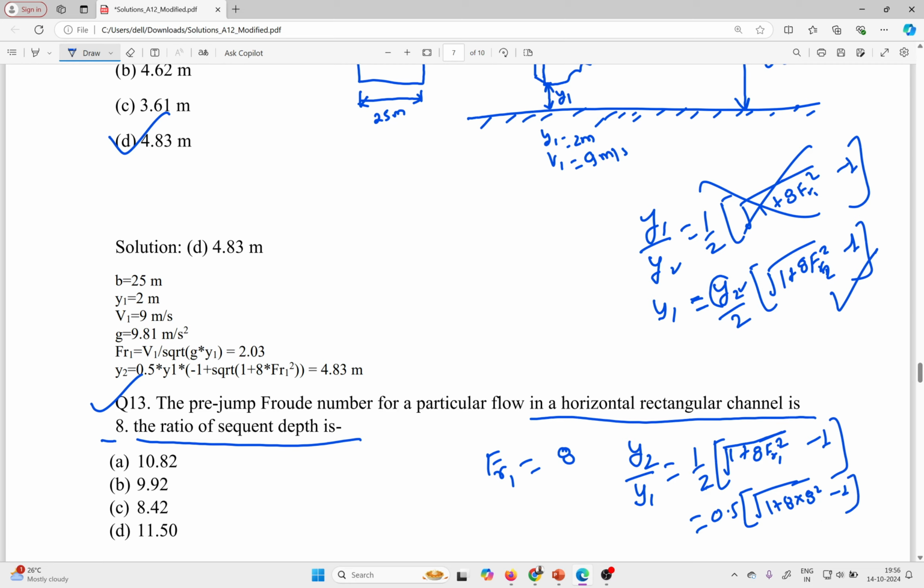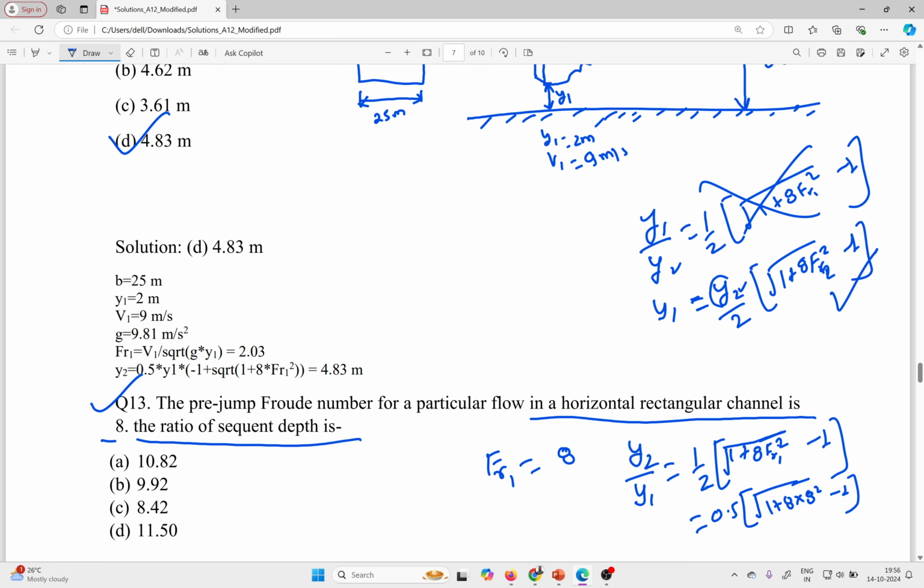How to calculate? 8 cube plus 1, take root over, minus 1.